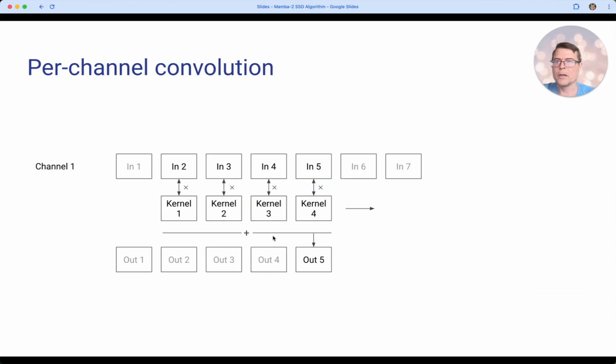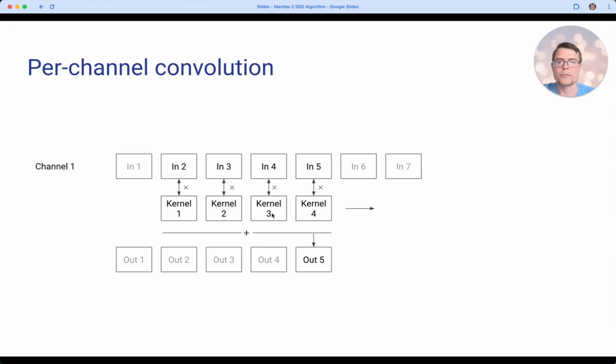Per channel convolution, the idea here is that we're trying to smooth out the signal and acquire or mix in some information from the last few tokens you've seen. So if you're computing the input sequence for token 5, you're going to look back over typically the last 4 tokens.